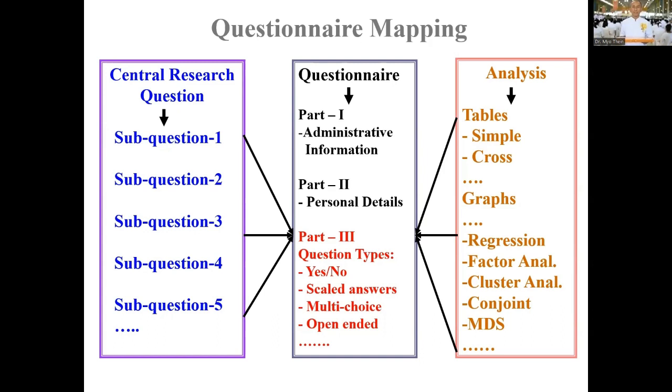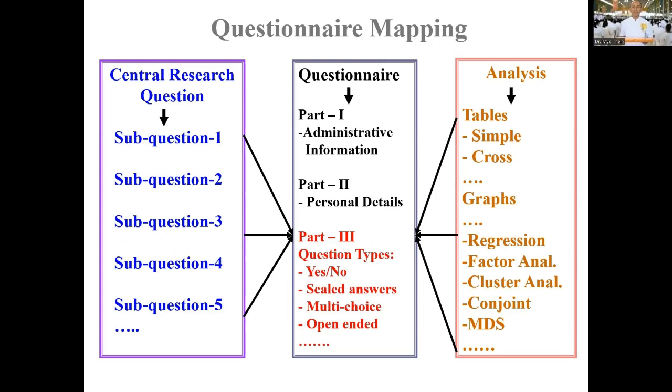You have to give the information about which department of the university you are doing your research under. Then you have to give your personal details: your educational qualifications, your background, and why you are doing research on these topics. So you have to write down your personal details.